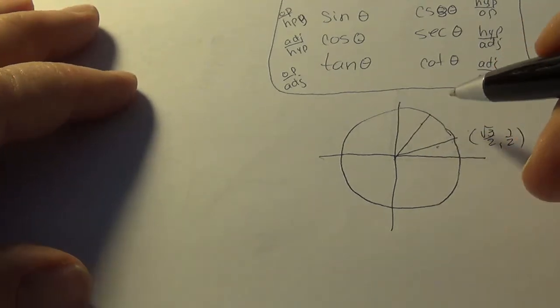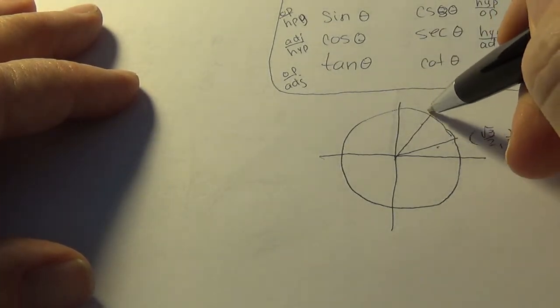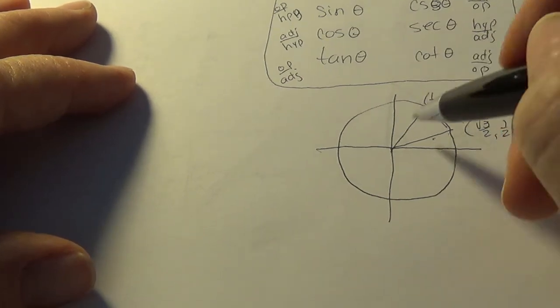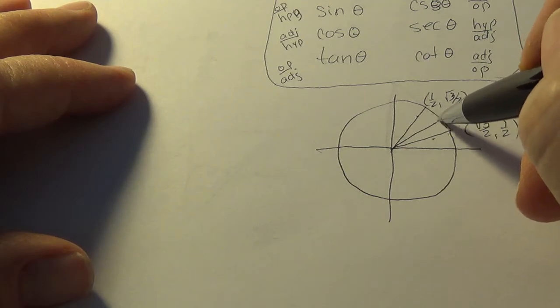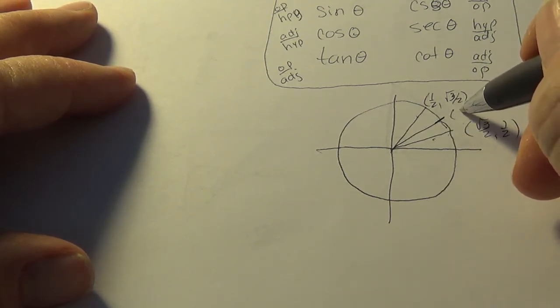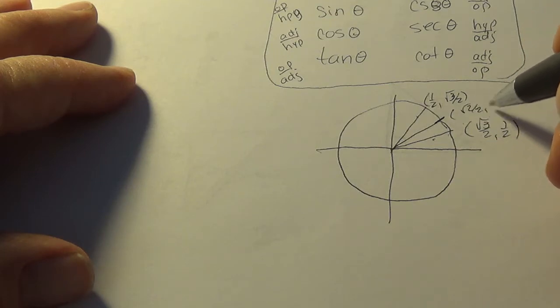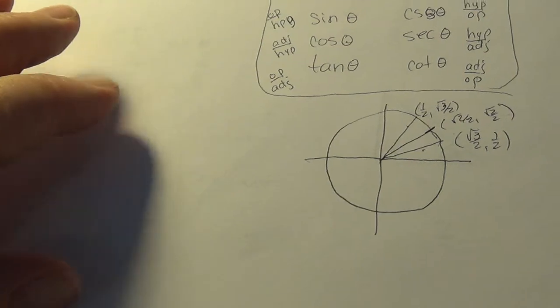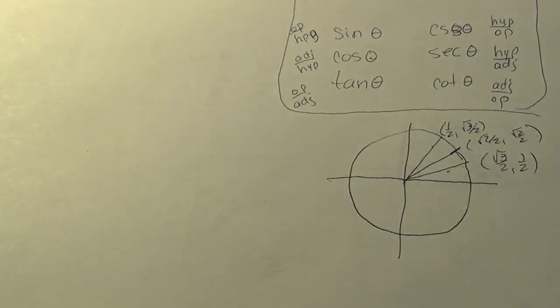This is pi over 3. This is 1/2, square root of 3 over 2. And then in between is the pi over 4, which is square root of 2 over 2, and square root of 2 over 2. And that will take you all the way around the circle, alternating positions and signs.